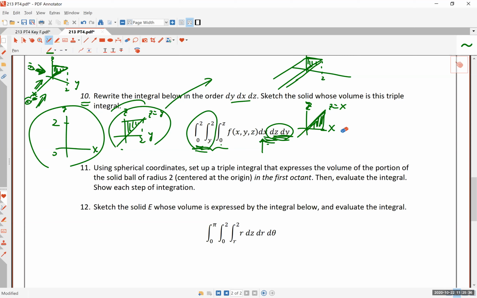I kind of messed up on this picture, didn't I? x goes from 0 to z, so that is not the picture I should have had. I get confused here. Once you decide on y and z, for each z, x goes from 0 to where x is equal to z, not z is equal to x. So we're talking about this part here.